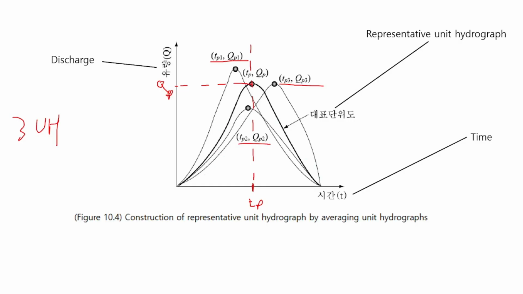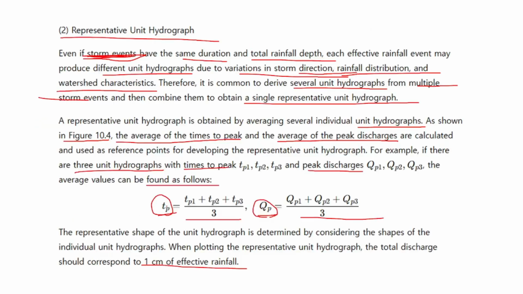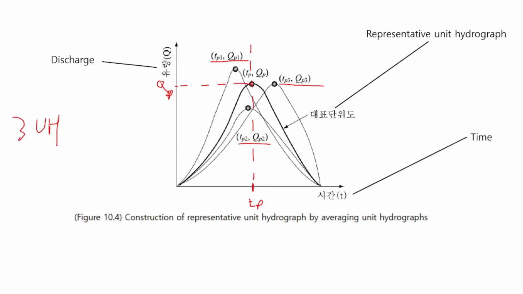We do this by taking the average of these values, the average of 1, 2, 3, to get this final value that helps us make this unit hydrograph, because we know where the time of peak is and we know where the actual peak discharge occurs. It should be right here, and we can construct a unit hydrograph that represents this storm event.